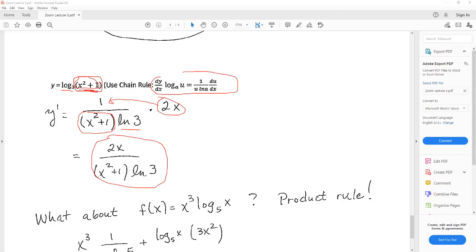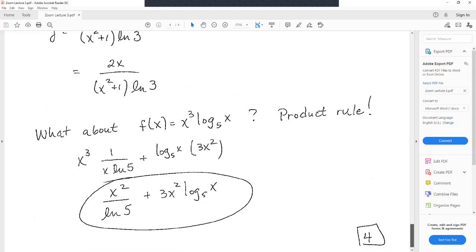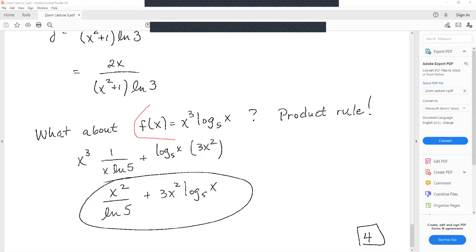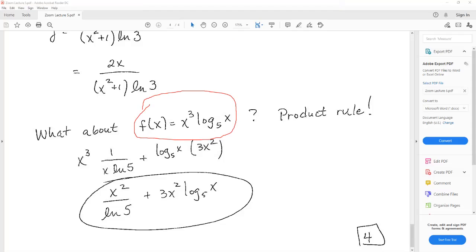And just as a closing question here, what about something like this? What if you had this type of problem here? Well, we have x to the power of 3. This is old school here, not too bad.